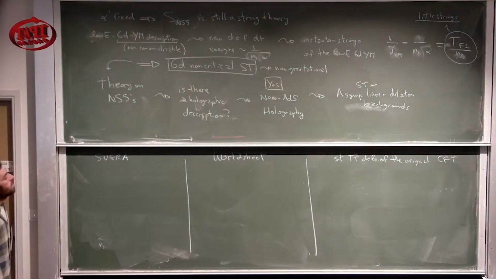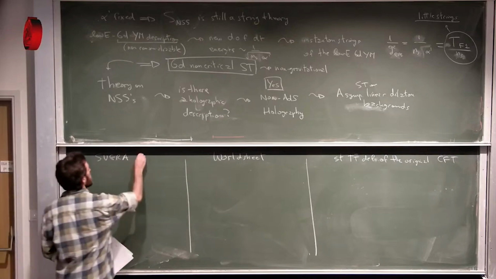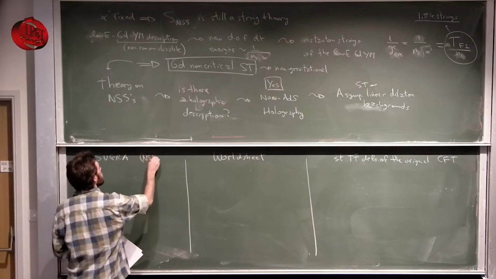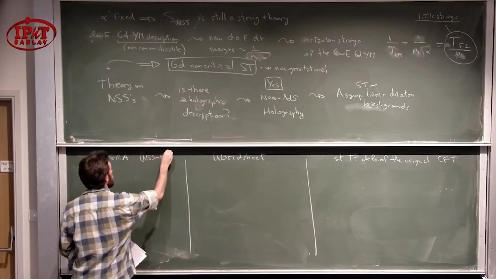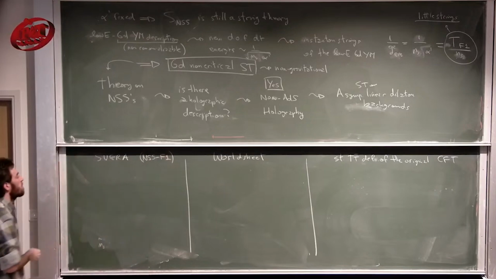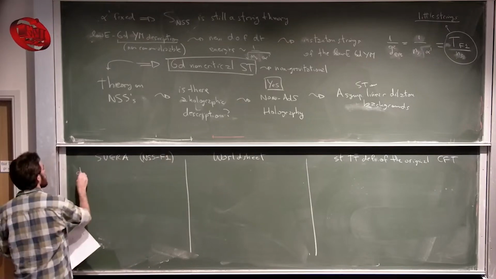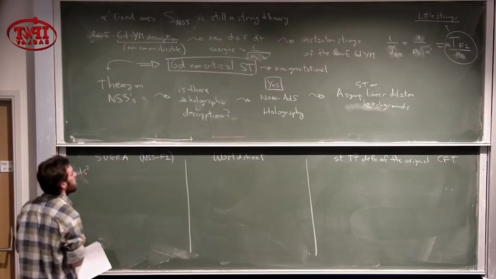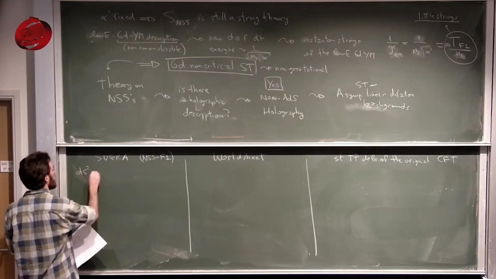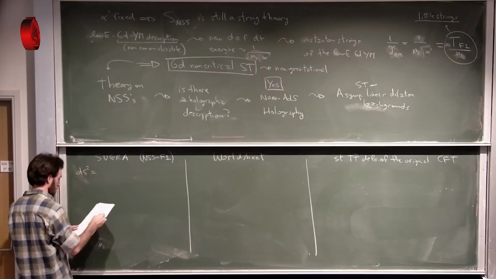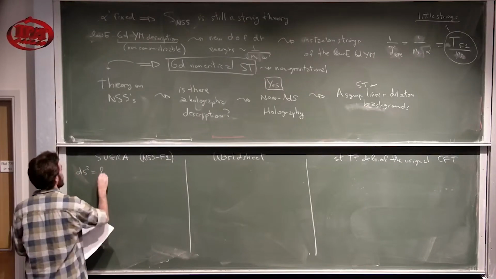So supergravity, I can take for simplicity because it's going to end up being better defined. I can add some F1 strings into the game. I write the background associated to the NS5 plus F1 system in flat space, and I get something like this.